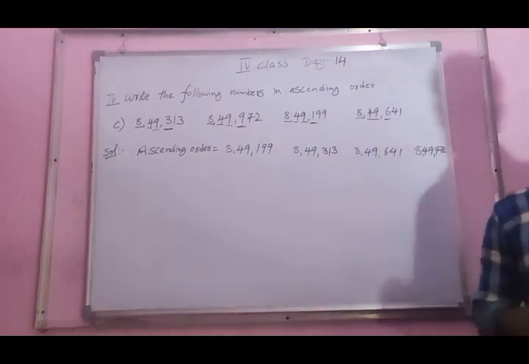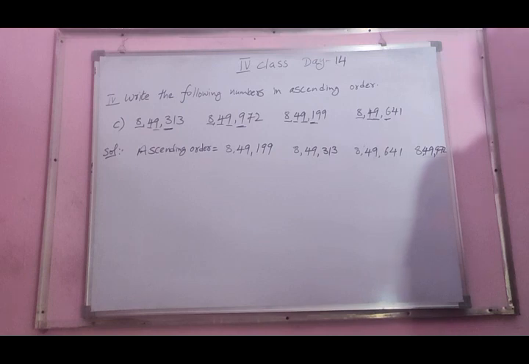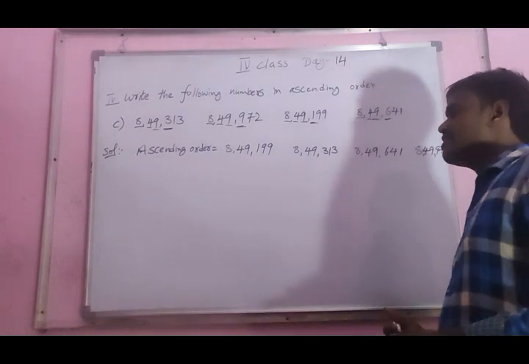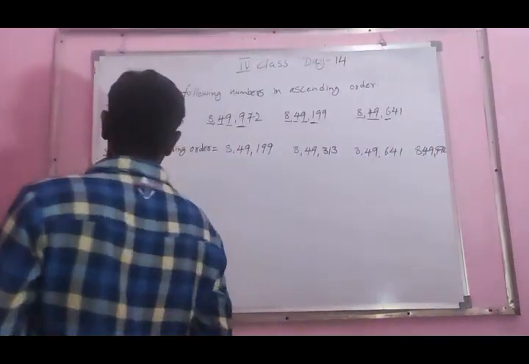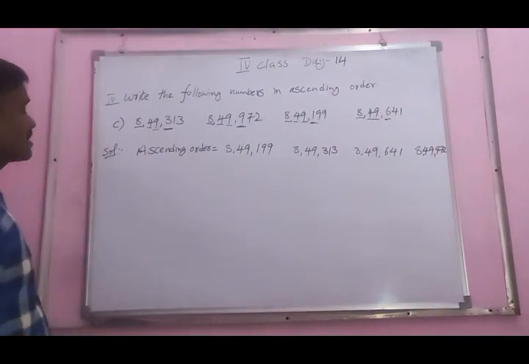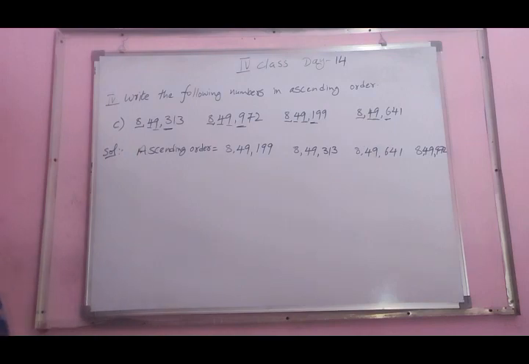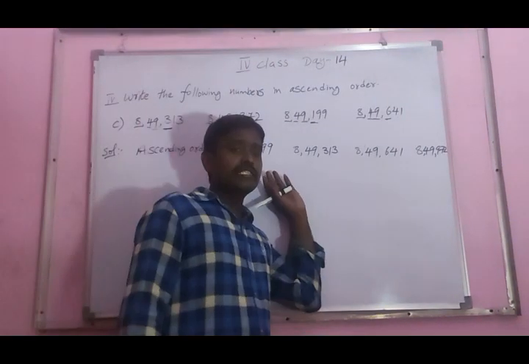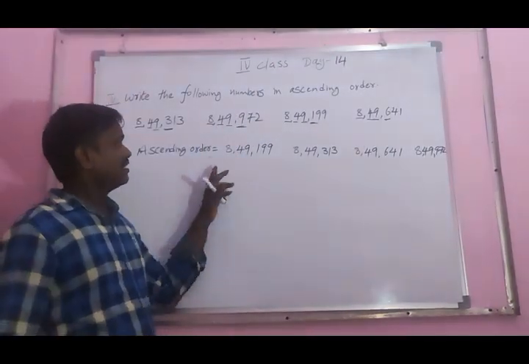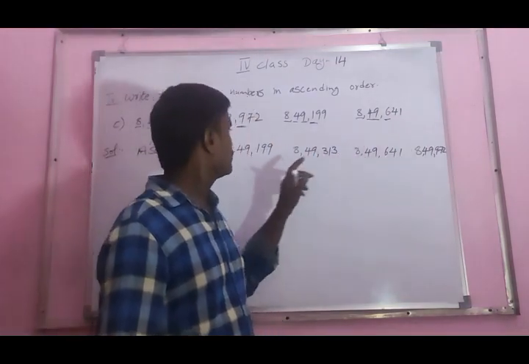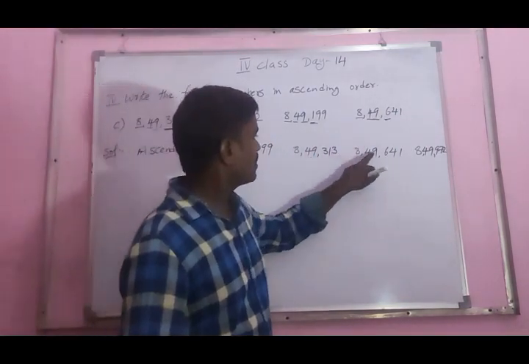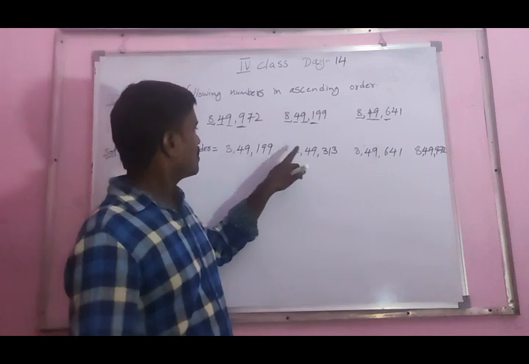Okay. Ascending order is equal to small number to big number. See here once, all of you. This is the small number. Here all is same, 10,000 also same, 1,000 also same.